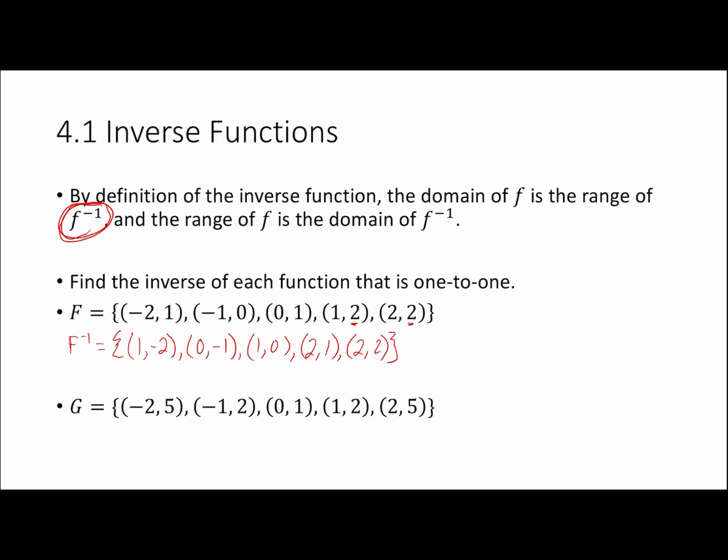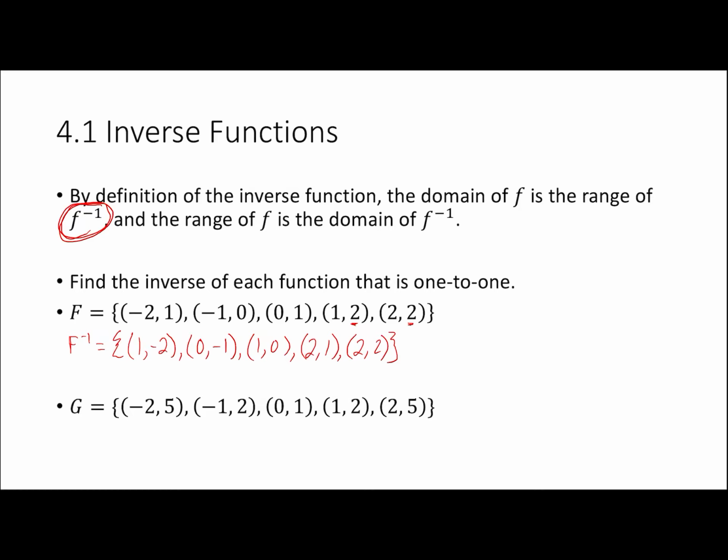The way it's laid out, this last point has a y value being repeated, and so the inverse would also not be a function. Now, for the sake of this problem and explaining how to find the inverse, it's not a huge deal. Okay, but I do want to point out that that is an issue with this particular problem.